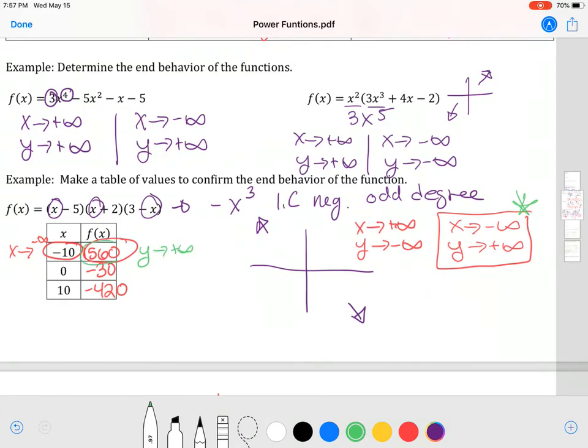So this number is big and it's positive, so it's heading up. Now if I look at this positive 10 down here, as x goes to positive infinity, as x is getting bigger, look what's happening to y. Y is getting smaller, so y is heading towards negative infinity, which is what we said here. So we're just verifying with our y values that it's headed in the direction that we think it should be heading in.